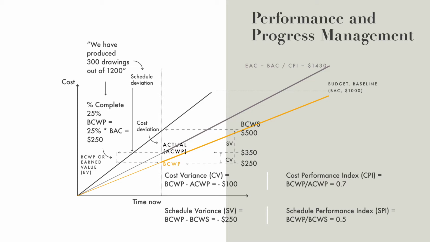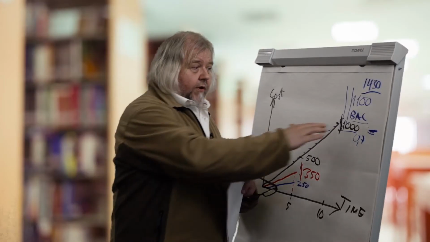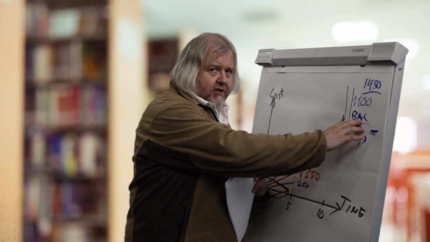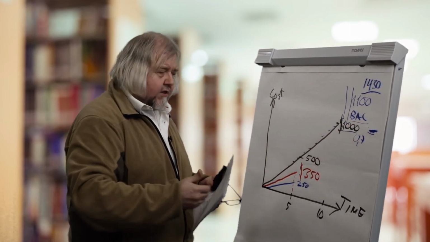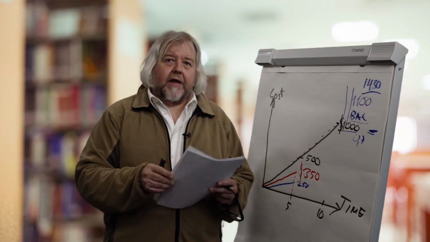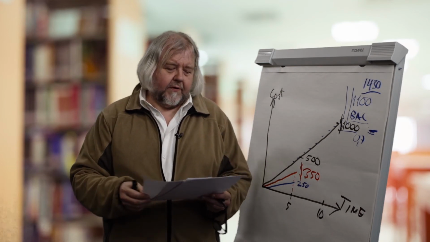Actually, this is the value that we are going to achieve, this 1,000, but we are going to use 1,430 cost for achieving this value of 1,000. So calculating the earned value, we are sticking to the original budget, and that is the value against which we are really earning the results of the project.